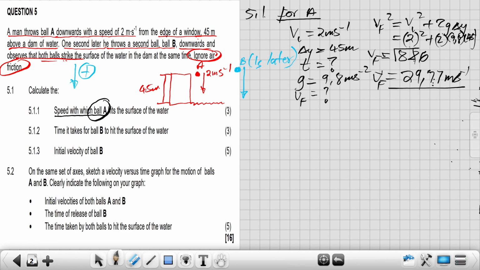Obviously they just wanted the speed, so there's no need for us to assign direction to that, but we know that it should be downward.